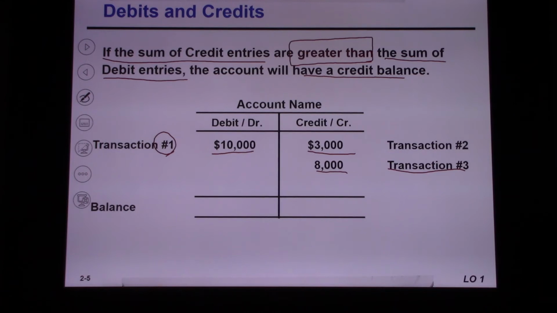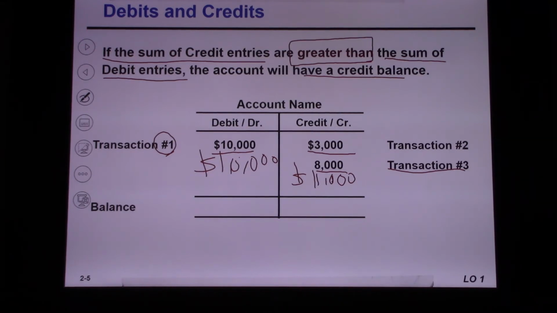So if we add the debit side, we will come up with $10,000. And if we add the credit side, we will come up with $11,000. So the total or the sum here is $11,000.